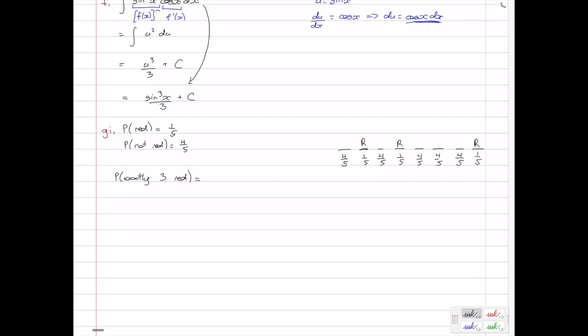Like I just said, I have 8C3 ways of choosing 3 of these seedlings to be red out of 8. So that's 8 choose 3. And then I have 1 here, 1 here, and 1 here. So that's a fifth to the power 3. And then I have 4 out of 5 to the power 5. Right? And that's your final answer. You don't actually need to evaluate that.